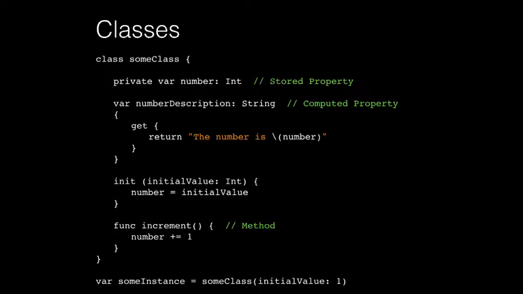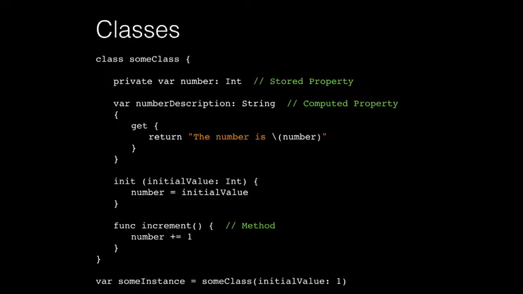Next, I'm going to talk about classes and structs, first classes. This is a basic class definition. I just wanted to point out that there are stored properties and computed properties. The difference between them is a stored property has a backing store, whereas a computed property is just code that returns some value.